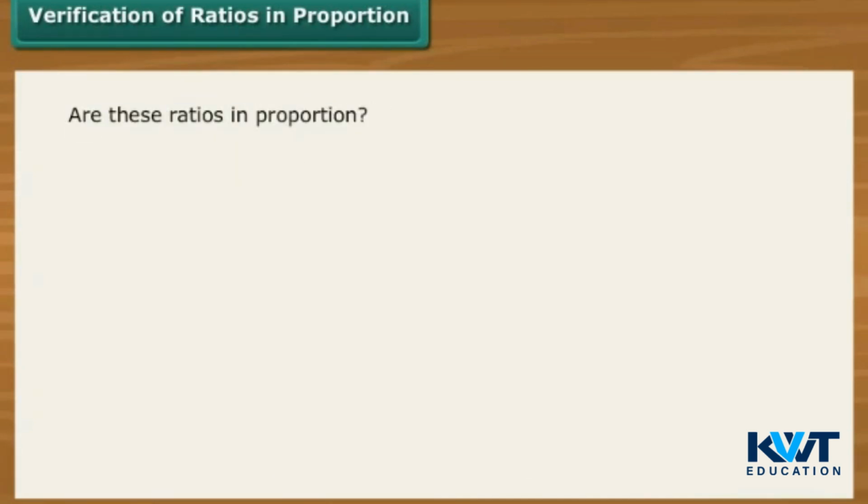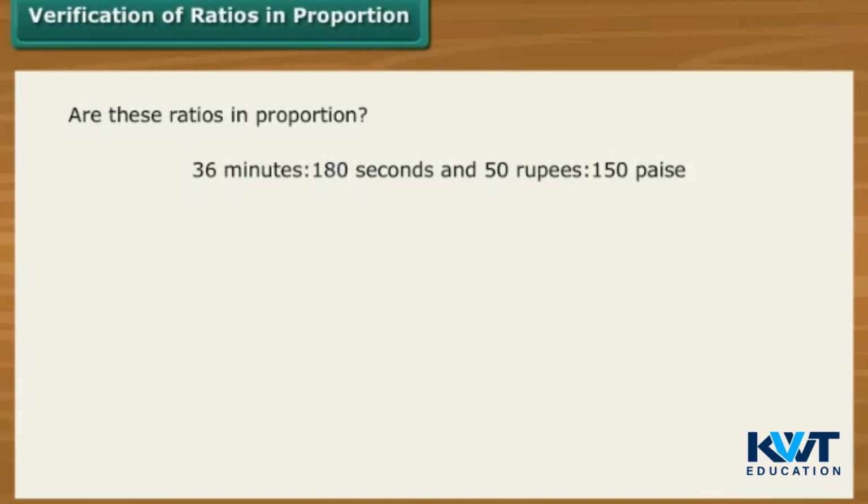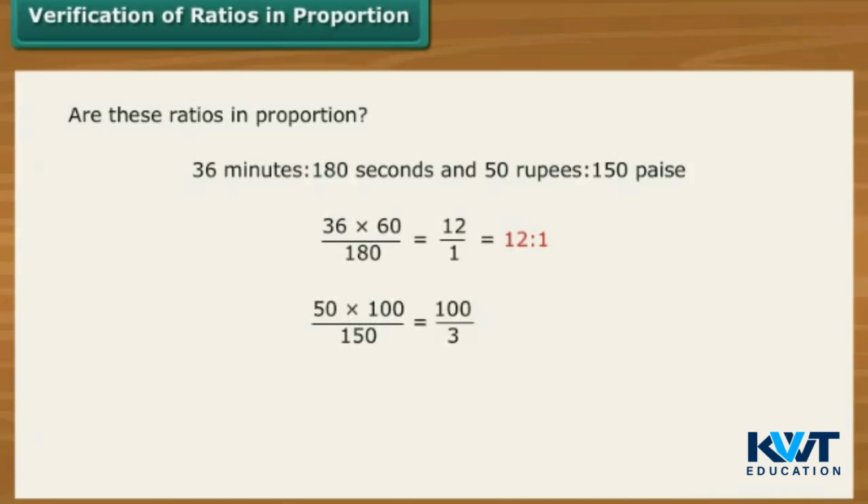Consider two more ratios. 36 minutes is to 180 seconds and 50 rupees is to 150 paise. 36 minutes by 180 seconds is the same as 36 into 60 seconds divided by 180 seconds, which is equal to 12:1. 50 rupees divided by 150 paise is the same as 5,000 paise divided by 150 paise, which is equal to 100:3.